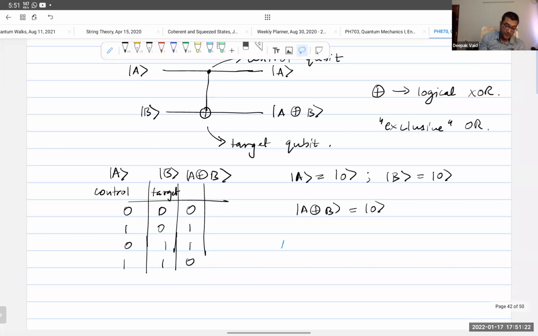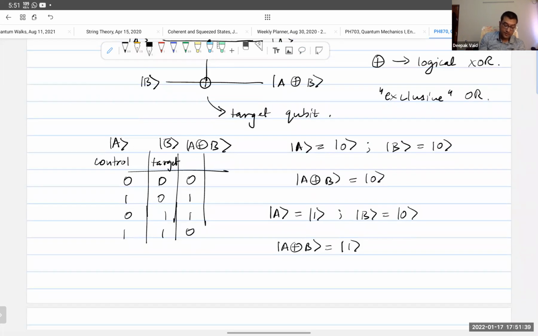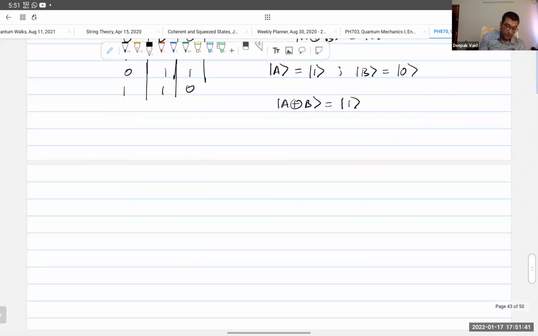So for instance, if A is equal to 1 and B is equal to 0, then A XOR B is equal to 1. So what is the effect of the CNOT gate?